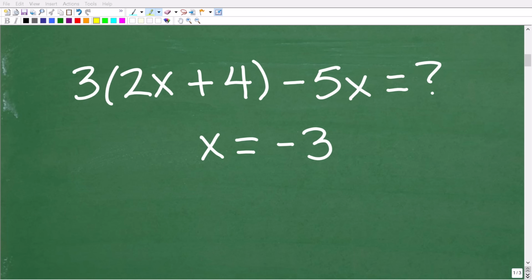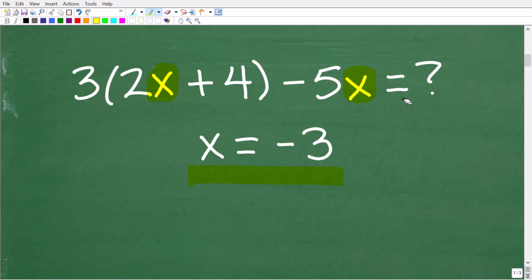Okay, so here is our problem. Again, we want to evaluate this algebraic or variable expression for x equal to negative 3. You can see here we have this variable x in this expression. Now this is not an equation, it's called an expression in algebra.